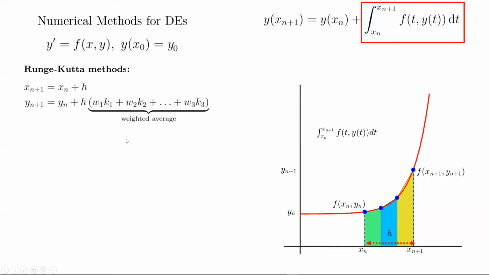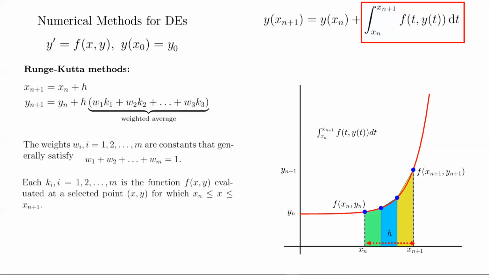For the improved Euler, we had 2 terms, 1/2 times f at xn, yn plus 1/2 times f of xn plus 1, y star. But we could generalize that to as many intermediate steps as we want. These W1, W2, W3, and so on are called weights, and they're constants that generally satisfy that the sum of them is equal to 1.